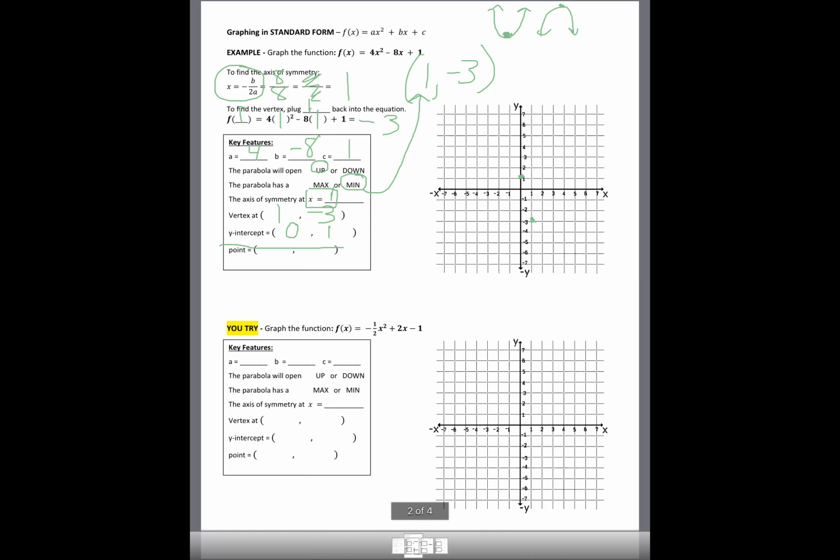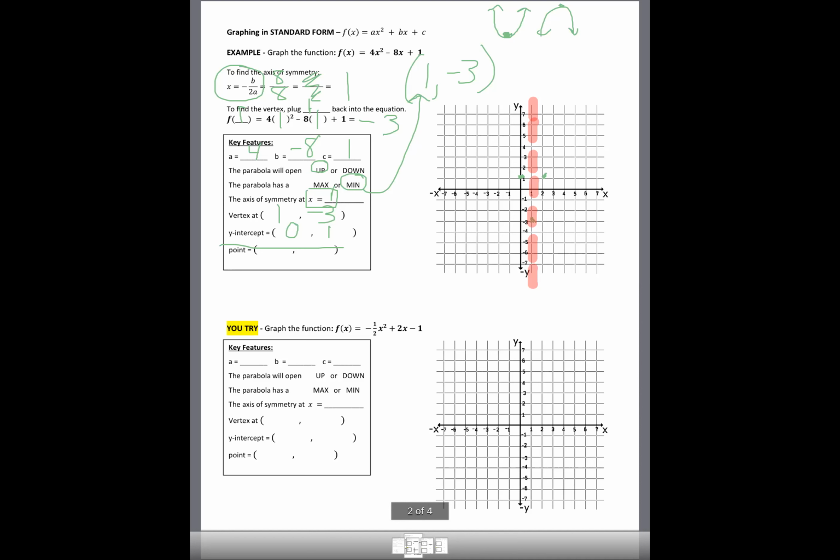So let's see if I can draw in an axis of symmetry here. Maybe that's a little too dark. But anyway, there's my axis of symmetry, and I can go ahead and mirror that point over. So I had the point at 0, 1. I can mirror it over to 2 comma 1.